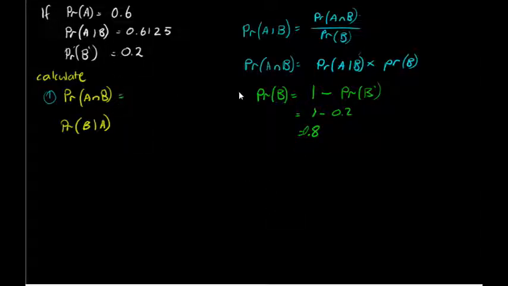Using this formula here, A given B, 0.6125, times the probability of B, which we found as 0.8. If we multiply those together, we will get 0.49.